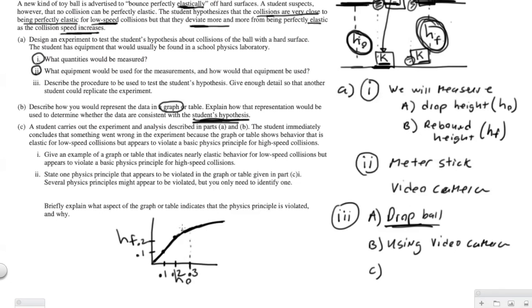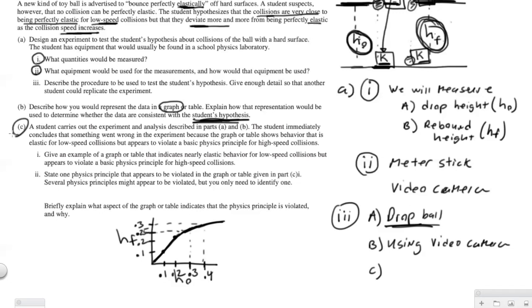We go up, but instead of the rebound height being 0.3, it's only 0.25. And then at a drop height of 0.4, our rebound height is only 0.3. It's no longer as elastic as it was. So this would be what the data would show in graphical form if the student's hypothesis was correct.